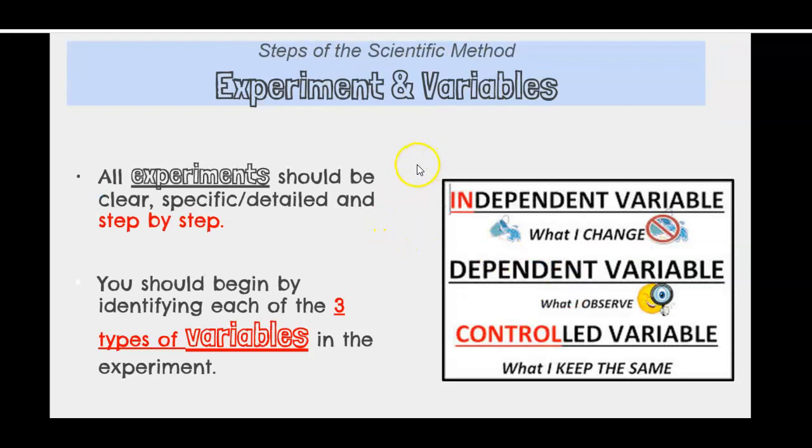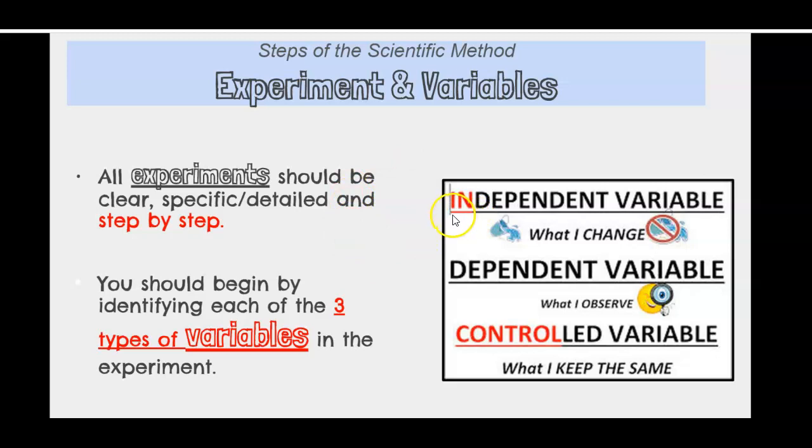All right. In your experiment, it's important that when you plan your experiment, you are thinking about your variables. There are 3 sets of variables: the independent variable, the dependent variable, and the controlled variable. So these are probably your 3 most new vocabulary words. Maybe not, but these are the things that usually students have the biggest problem with.